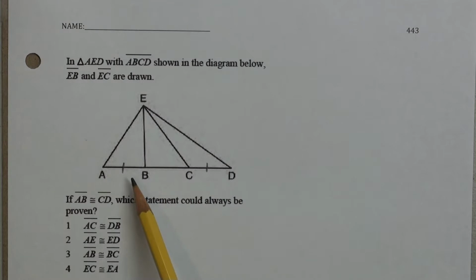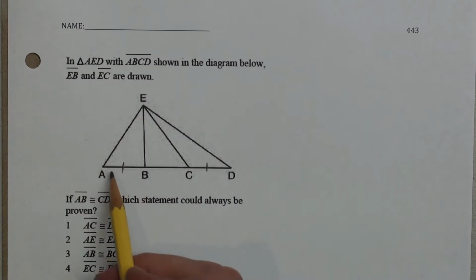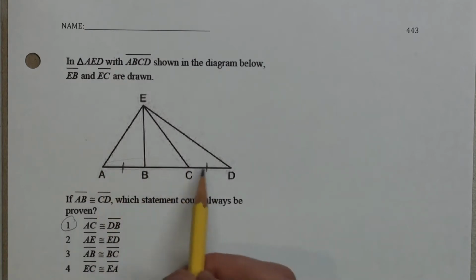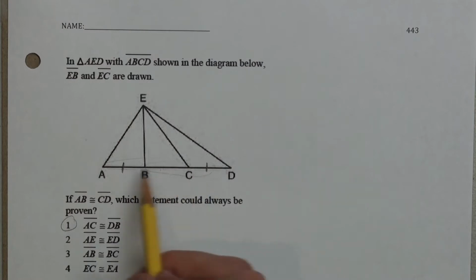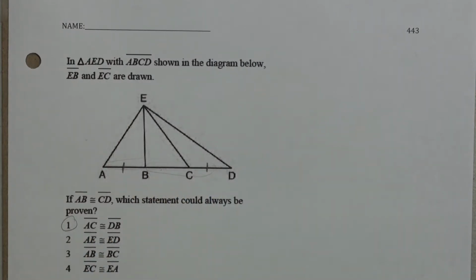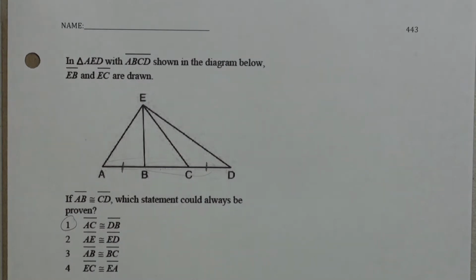Okay. Oh, it's choice 1. AC and DB are obviously going to be congruent then, right? Obviously, if these two are congruent and they share the same piece that's also congruent to itself, then obviously. I didn't realize that it said AC and DB in the first question there. So, that one is choice 1.